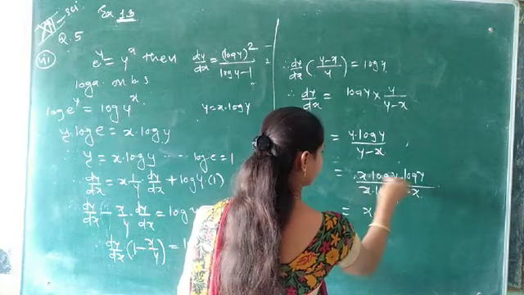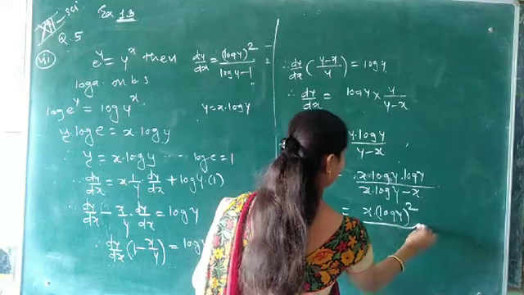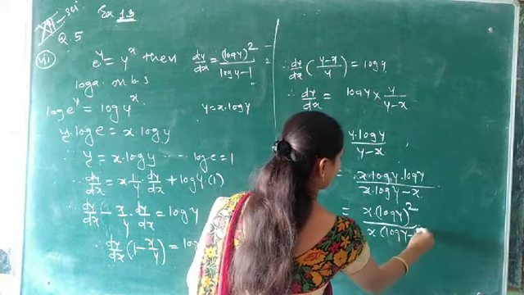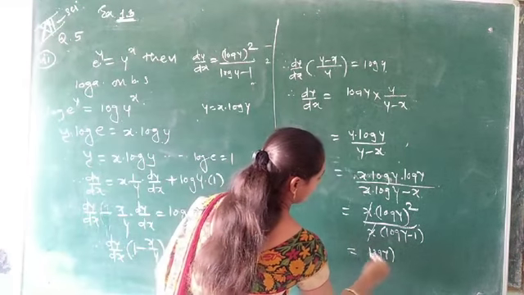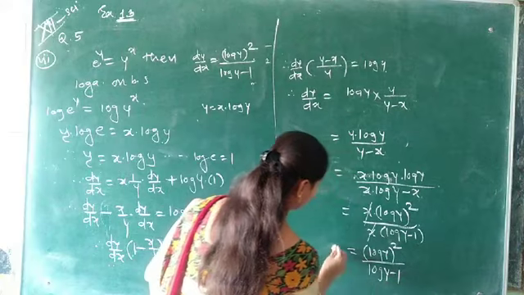So look at here, x into (log y) square, and if I am taking the x common from this, then in bracket we will get log y minus 1, x will get cancelled here. So the answer is (log y) bracket square upon log y minus 1.